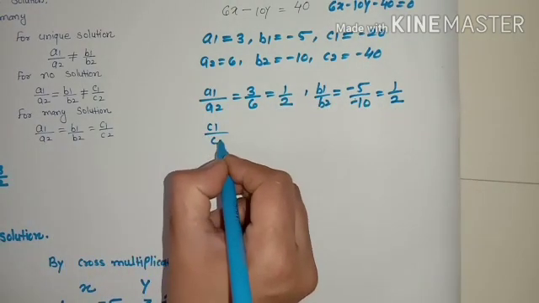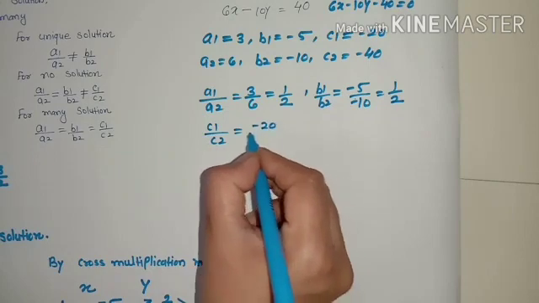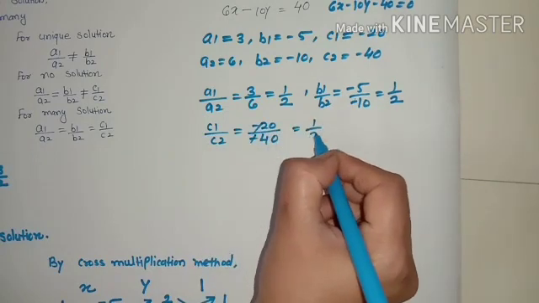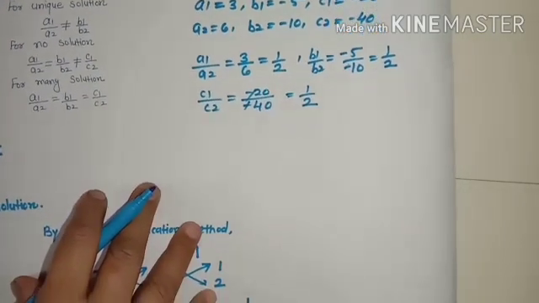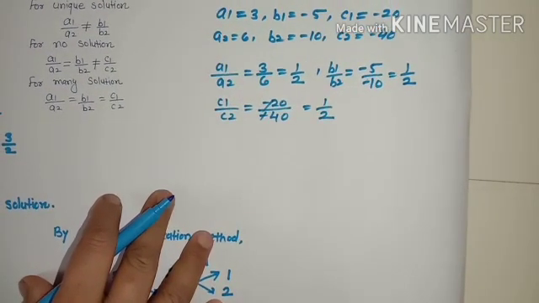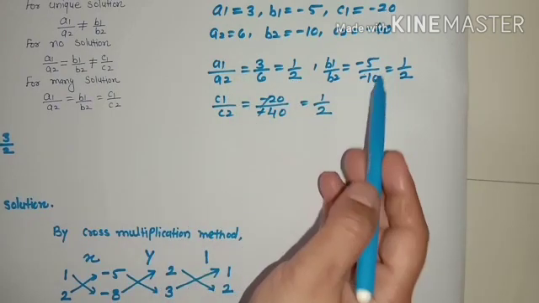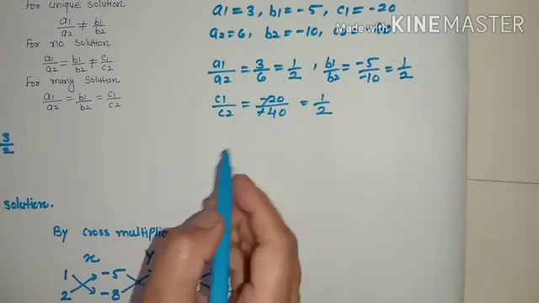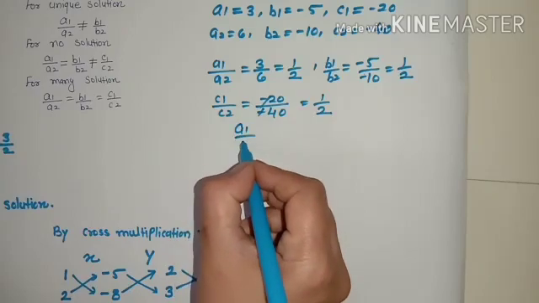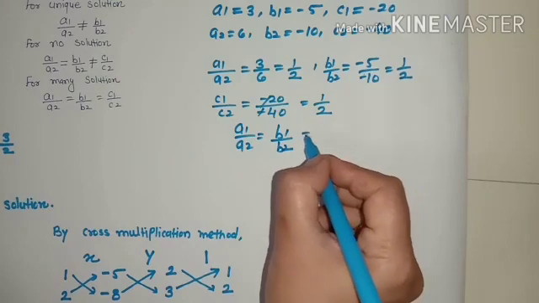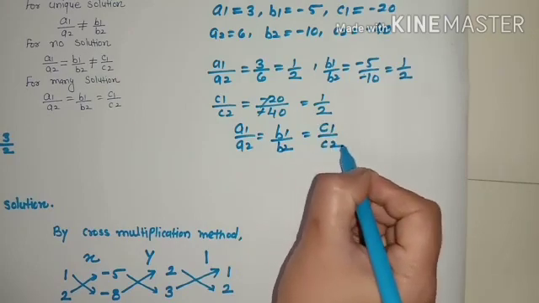And c1 upon c2 equal minus 20 upon minus 40, and again you will get 1 upon 2. So here a1 upon a2 is also half, b1 upon b2 is also half, and c1 upon c2 is also half. It means a1 upon a2 equals b1 upon b2 equals c1 upon c2.